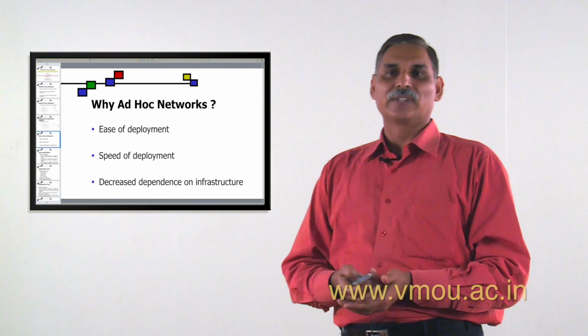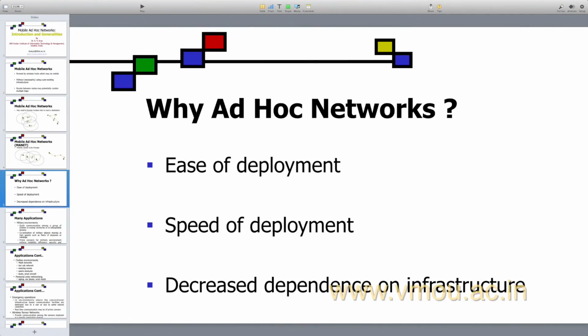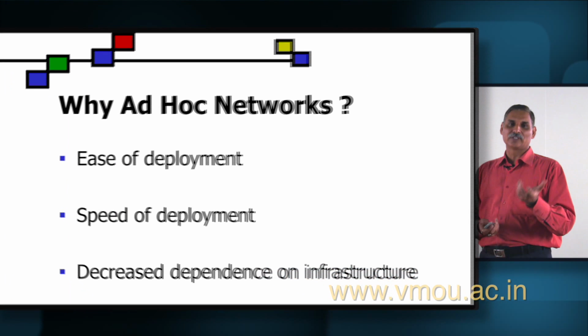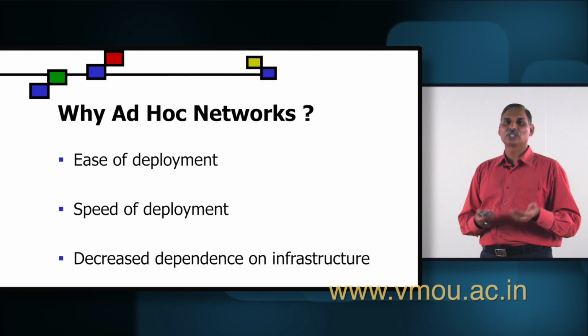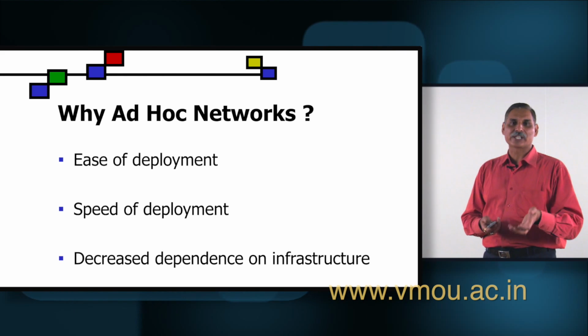So, why ad hoc networks? The question arises, why at all should we go for ad hoc networks, because our wired network was doing well. The simple reason is ease of deployment, because deployment of an ad hoc network is simple, as the devices are mobile. I do not need any wired network, I do not need any fixed infrastructure.